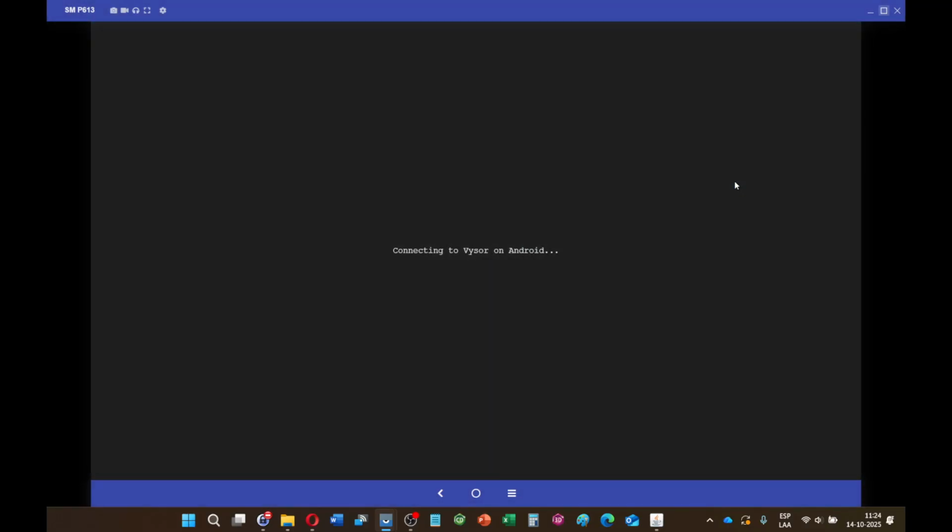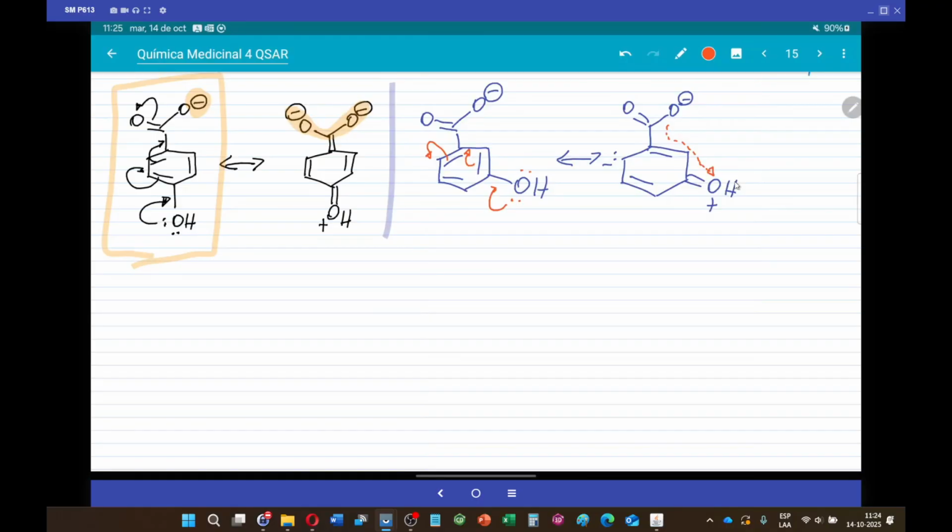When the oxygen approaches, the inductive electron-withdrawing effect appears. I know that this is a bit abstract, and it is better understood when one sees quantum chemistry, because there one separates the effects.